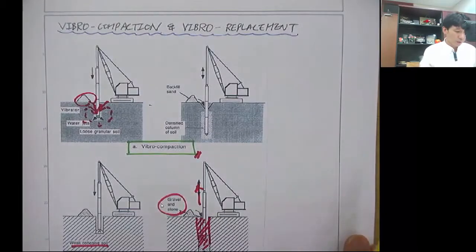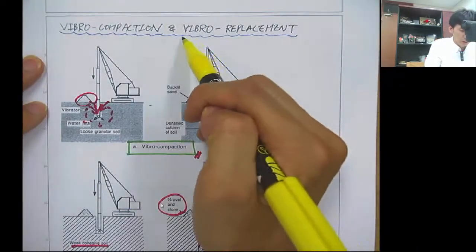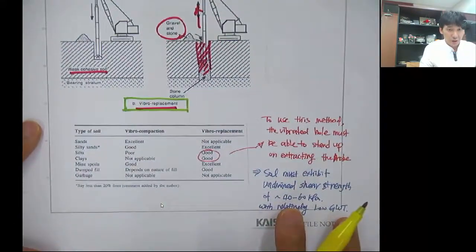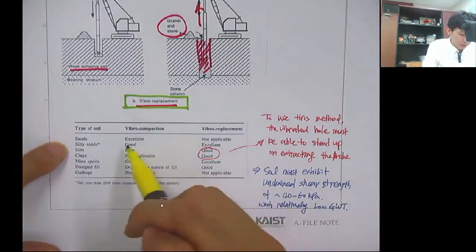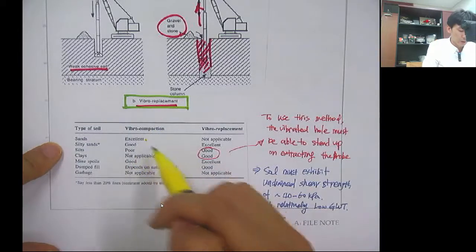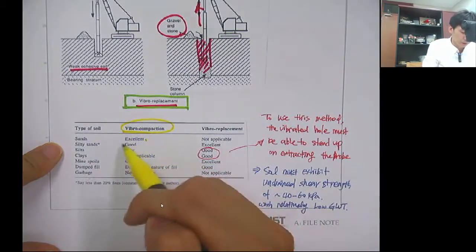So we talked about vibro compaction and vibro replacement in the handout. If you look at the applicability, vibro compaction is best for sandy soil, and as the fine fraction increases, the effectiveness of vibro compaction decreases.